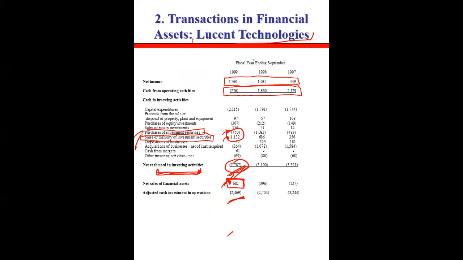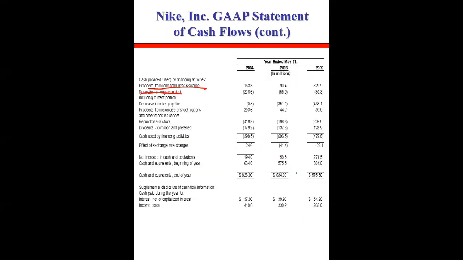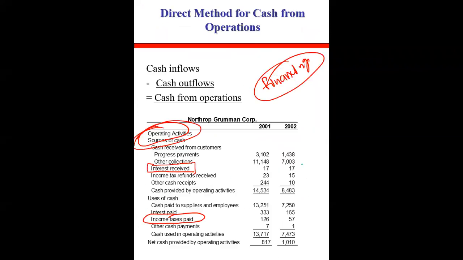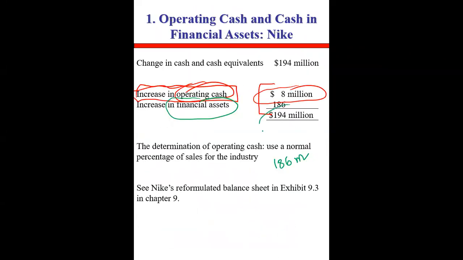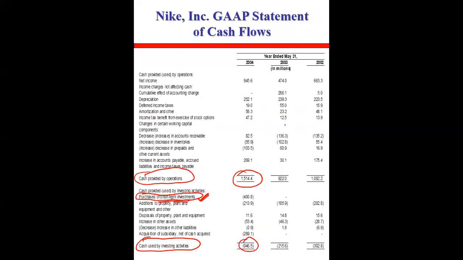Can you recall that we have made some investment of cash in the financial asset? 186 million. But you see, if you look at the cash flow statement, out of this total changes in 194 million, some amount is coming from the translation gain.